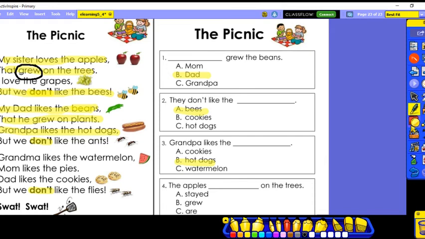Let me get my highlighter back. The apples grew on the trees. And when you're doing these in your packet, I want you to do them the same way. Go back in your story, read it a couple times if you need to, and highlight, underline, or use a crayon in your story to find the answers.